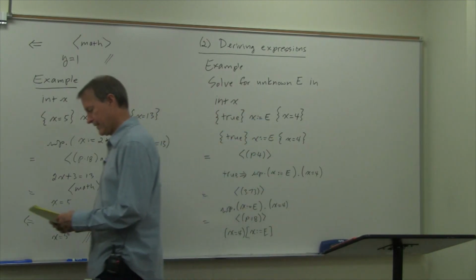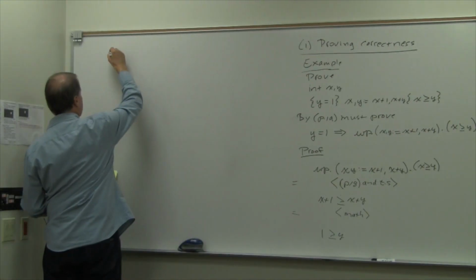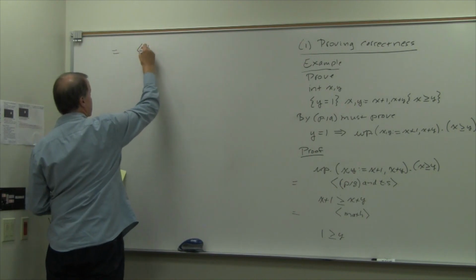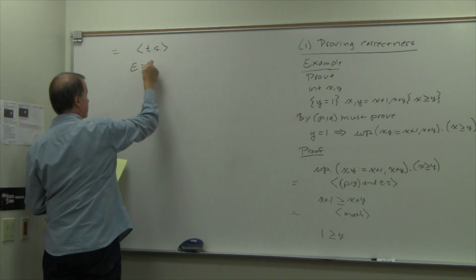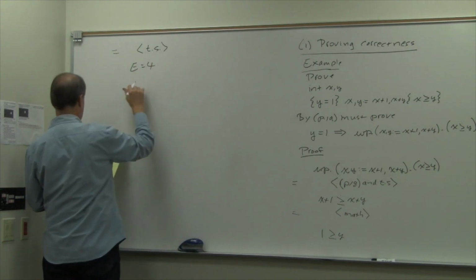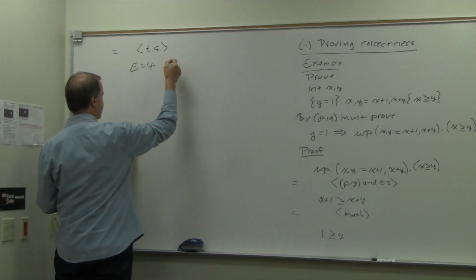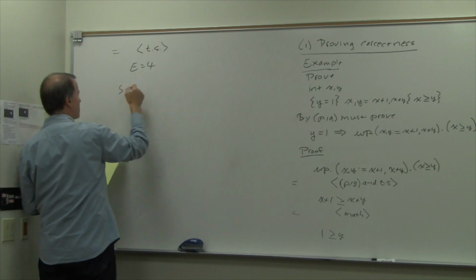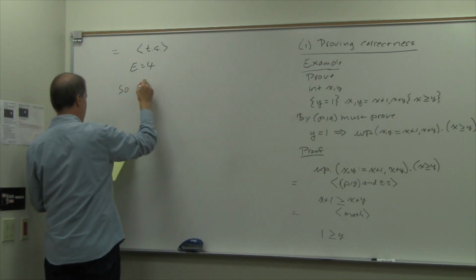And then equals by textual substitution, E equals 4. Done. We're not really proving this is true, we're solving for E. So anyway, what we have then is this.